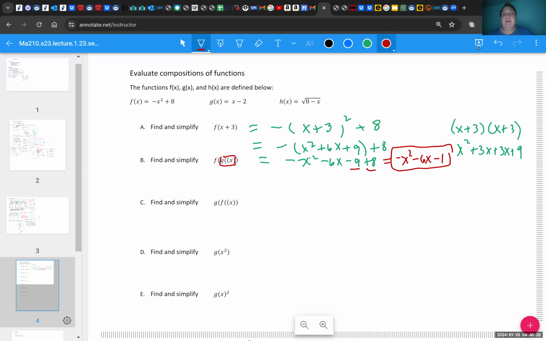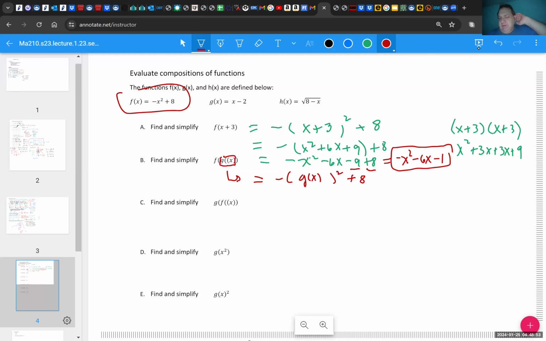F of anything, we plug that thing into our equation. So what's our equation? Well, our equation is negative x squared plus 8. That's the f equation right here. What are we plugging in for x? We're plugging in g of x.